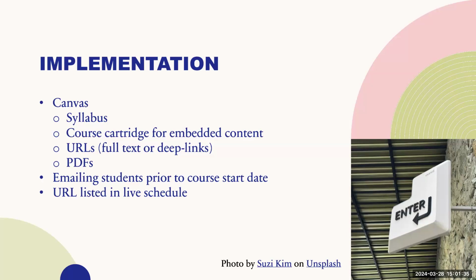The URLs that you're providing, say in your syllabus, might on the top line link to the full text, but in other contexts, you may want to provide deep links to just specific portions of the text, right? So this week we are reading this chapter, and the texts almost invariably have those deep link options you can grab from the address bar.